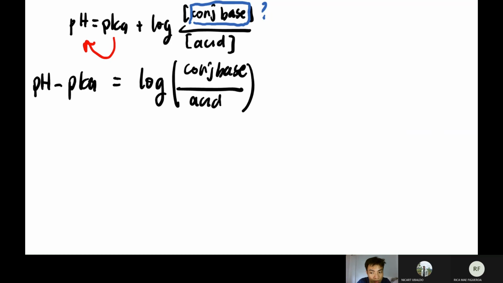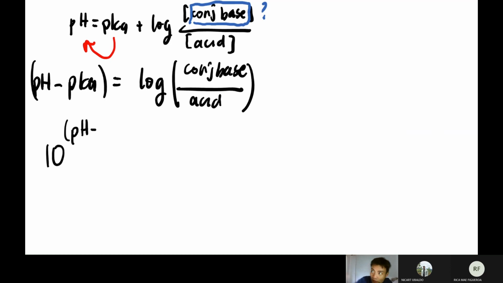Okay? Nasa loob siya ng log. Gusto natin, ang conjugate base lang yung maiwan. So that means, ilalabas natin siya sa log. Paano uli magpapalabas ng number sa log? Gamit ka ng anti-log. So ano meaning natin doon? Gagawin mo base 10, yung ating number, at itong log function, ito yung gagawin nating exponent. Okay? Gagawin natin yung anti-log. Gagawin mo base 10.